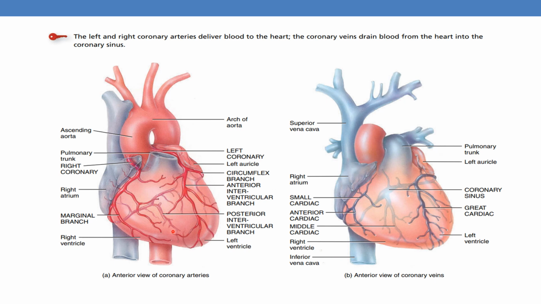These are the arteries, the view of coronary arteries, and here you can see these are the veins. This is the great cardiac vein, this one is the middle cardiac vein, and this is the anterior cardiac vein, and this one is the small cardiac vein.